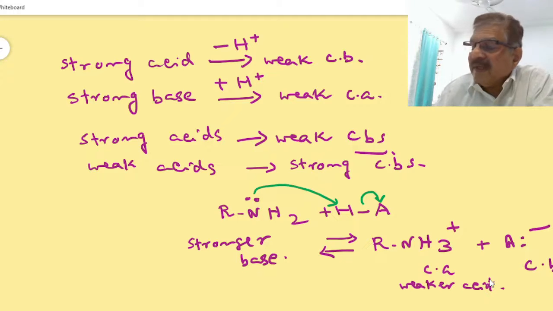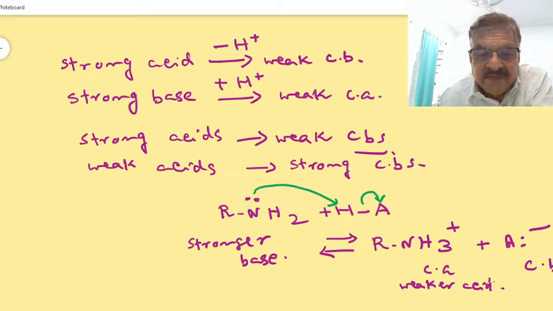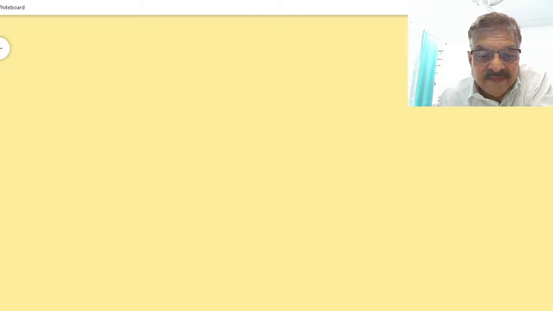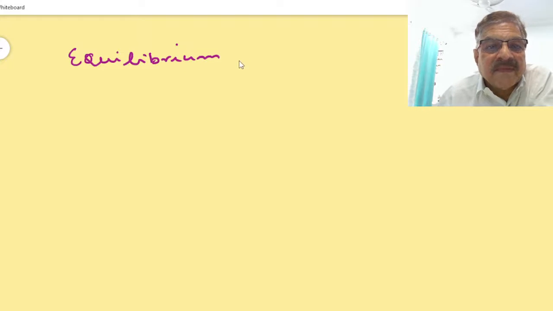Equilibrium reactions means a proton transfer reaction. A proton transfer reaction represents an equilibrium, as we have seen, so we use a double reaction arrow.